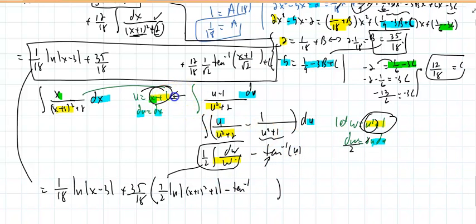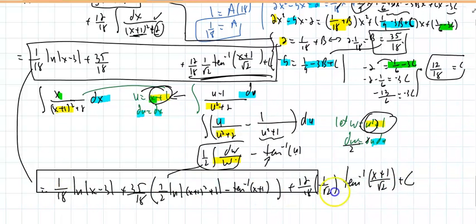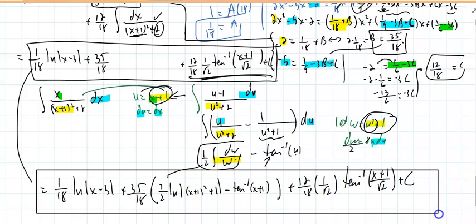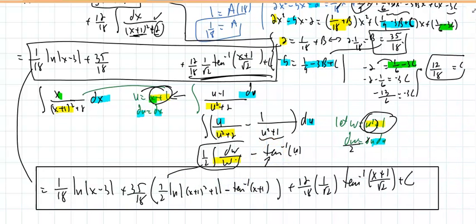And u is x plus 1, plus 12 over 18 times 1 over radical 2, the inverse tangent of x plus 1 over radical 2, plus c. Look at that beauty. And that would be it for this section.